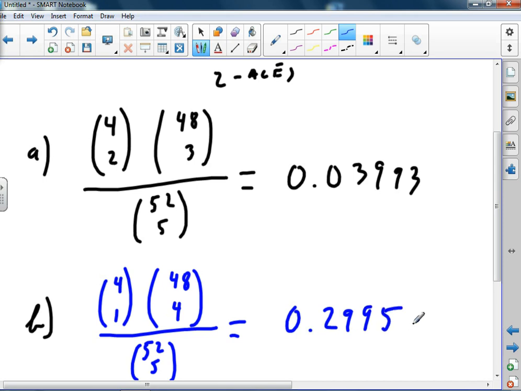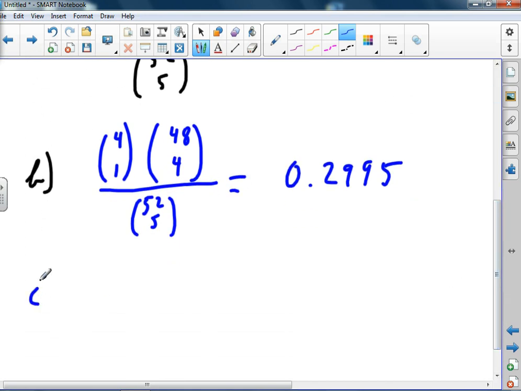So greater than a quarter of the time, if I deal out, can I deal out 10 cards, 10 hands? Yeah. Anyway, if I deal out 4 hands of 5, the chances are pretty high that one of them is going to have an ace. Anyway, C.